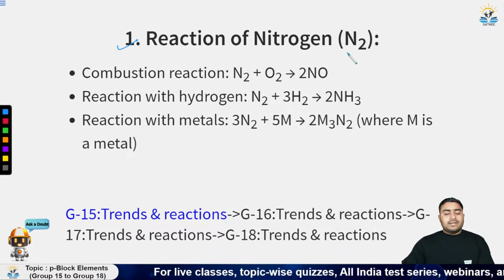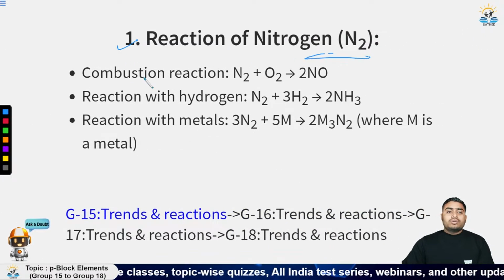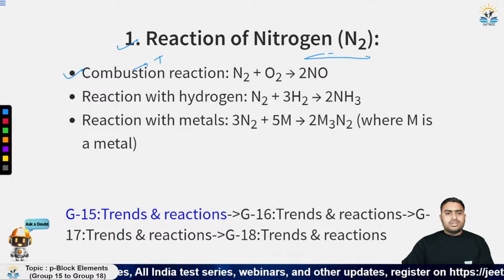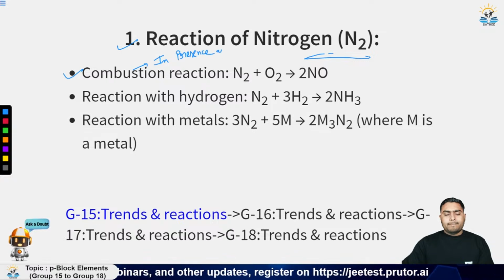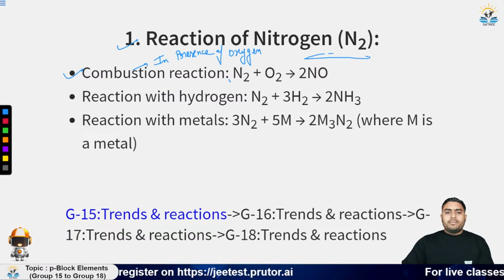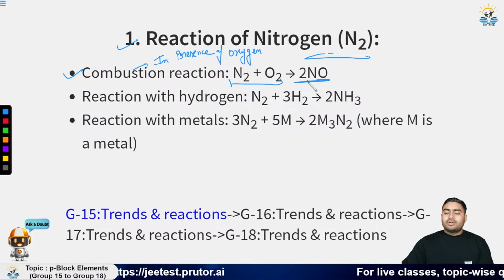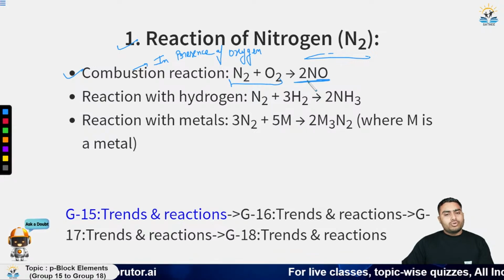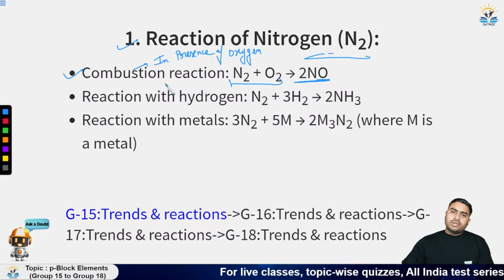Let's discuss in detail the reactions of nitrogen. First is the combustion reaction, that means in presence of oxygen. N2 in presence of oxygen will form nitric oxide, that means nitrogen monoxide: N2 plus O2 gives 2NO.